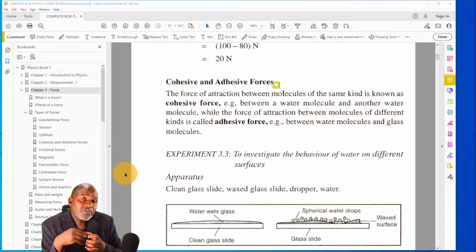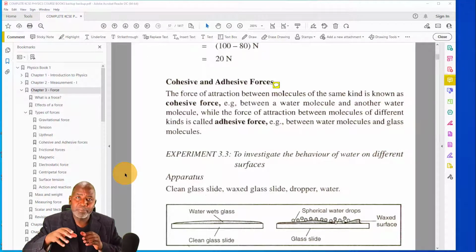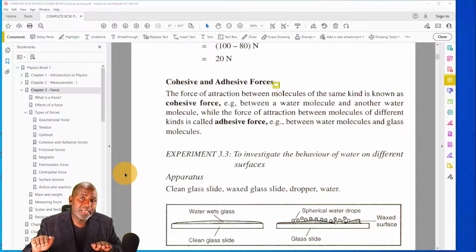Now, these two forces are responsible for the following observations. If you get two glass surfaces, one of them is clean, the other one is not so clean. You can put some Vaseline or some grease on it in order to make sure that it is not clean. The other one is washed thoroughly in soapy water and then dried, so it is clean.